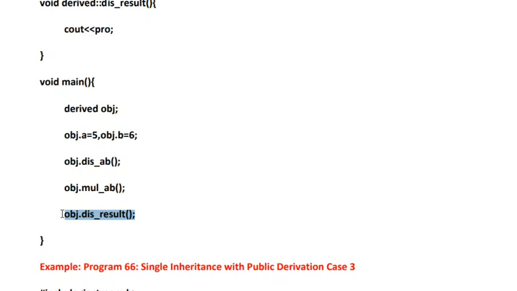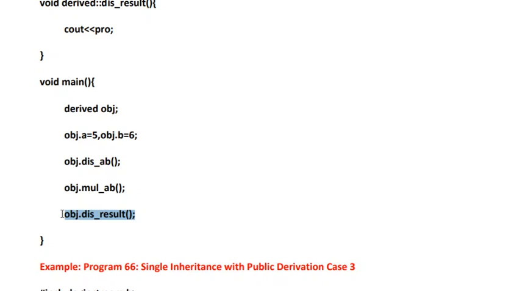So one of the important things that these two programs are trying to express is how to access the public and the private members. As we have learned in the previous class, all the non-private members can be derived from the base class to the derived class, or inherited by the derived class. This is very important for all of you to understand.